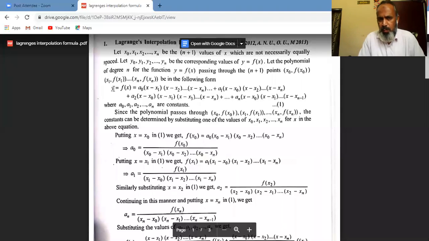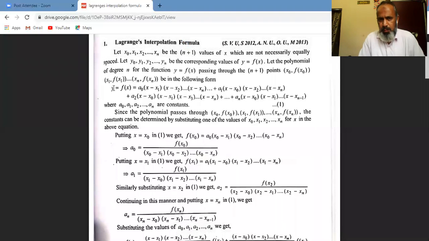Now we are going to write a polynomial, that is y is equal to f of x is equal to a0 into x minus x1, x minus x2, up to x minus xn. So here in the first term, the constant is a0, and we are writing the factors from x1 to xn, leaving one linear factor, that is x minus x0.